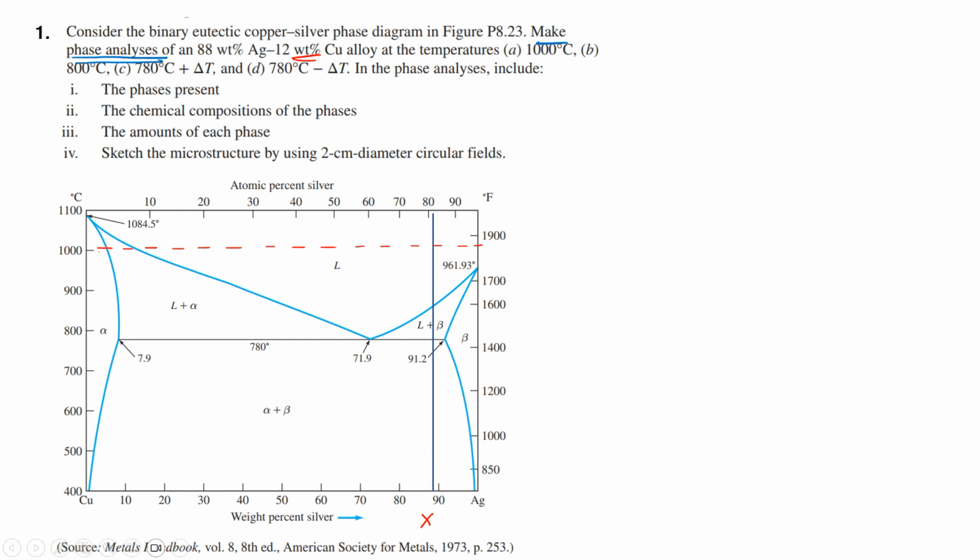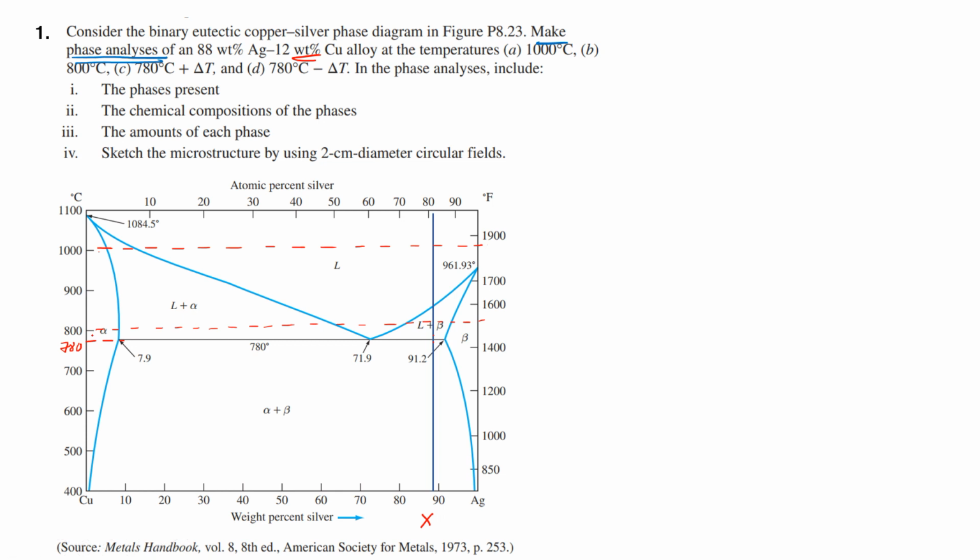Okay. So the phase is present at 1000 degrees, at 800 degrees. So 800 degrees, let's go ahead and draw the line. 780 plus, so 780 should be the objective. 780, just above it and just below 780.